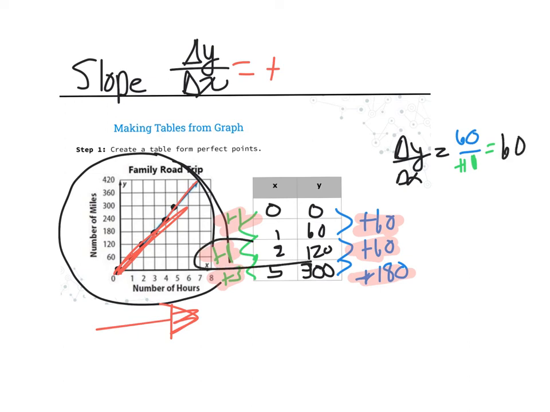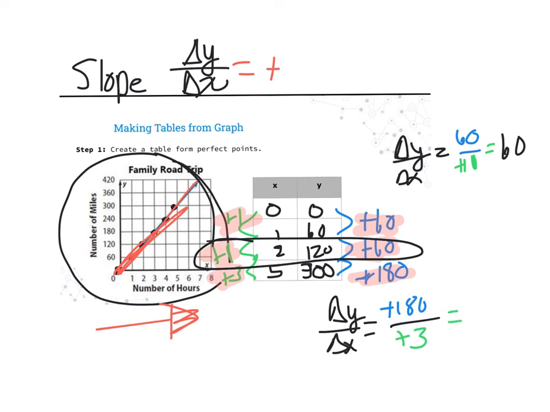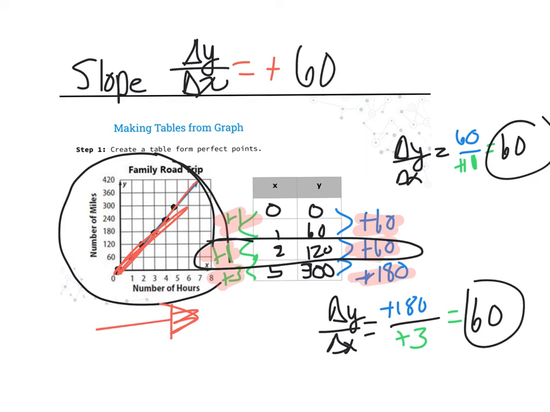That's going to be the same for this relationship. Let's double check the last one. Delta y over delta x, I have a positive 180 divided by positive 3. That comes out to a positive 60 as well. So in this case, my rate of change is positive 60.